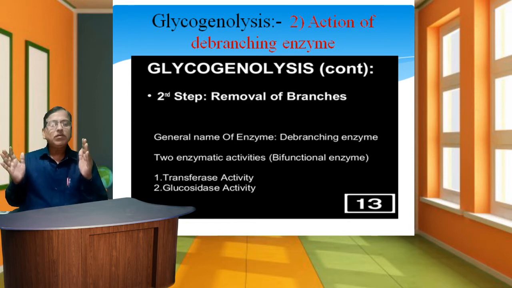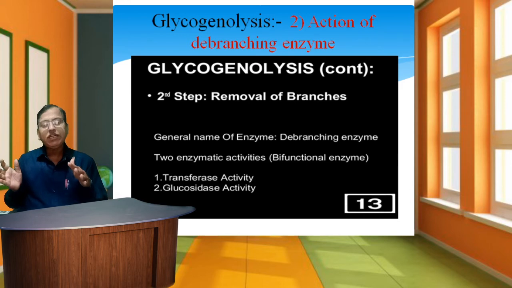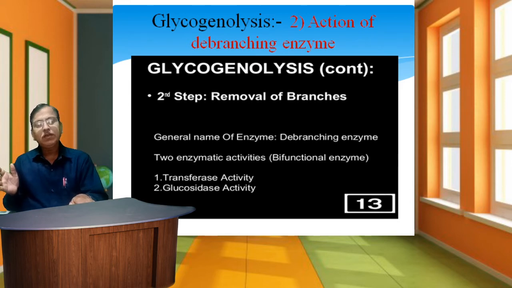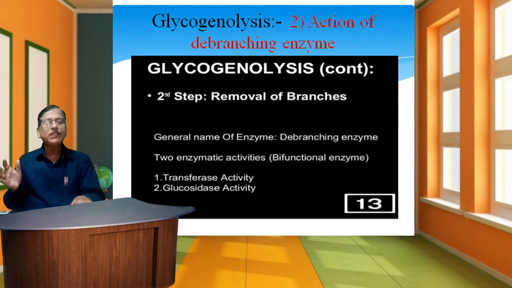The first activity is glycosyl 4:4 transferase, also called oligo alpha-1,4 to alpha-1,4 glucan transferase. This activity removes a fragment of 3 or 4 glucose residues attached at the branch and transfers them to another chain.